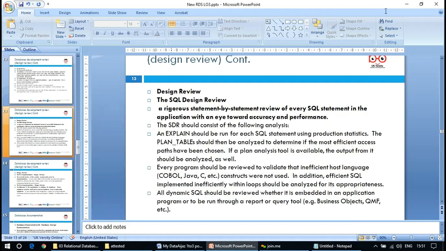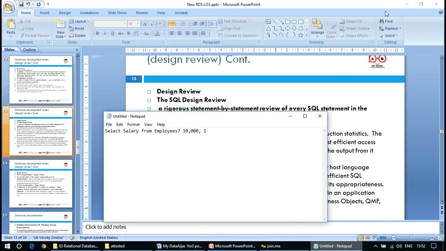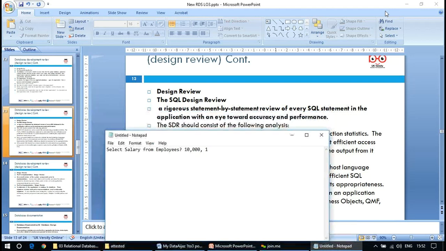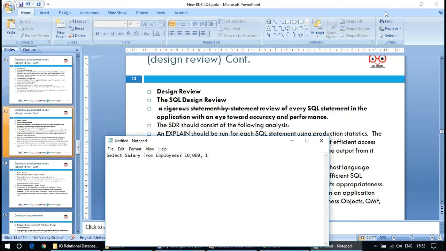So there are lots of chances that you could overburden the database if you write the wrong SQL statements. Make sense? Yes. So whenever you write a SQL statement, you look at it rigorously, statement by statement, manually, with an eye to know whether you need those things or not.